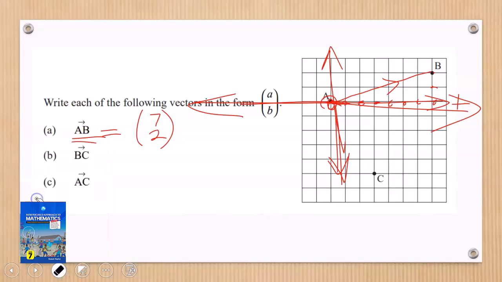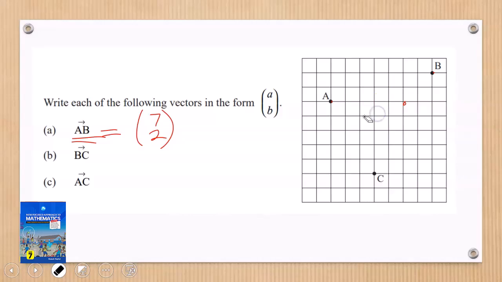Now, let's see the next one. We want to do it for vector BC. BC means I'm at B and I'm heading towards C. The direction is like this. And how do I get to C? I can't move forward, because when I move forward, I'll be away from it. It means I have to move backwards. And it's always the x-axis first.